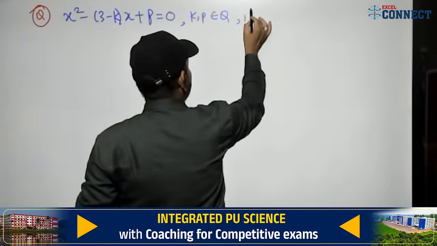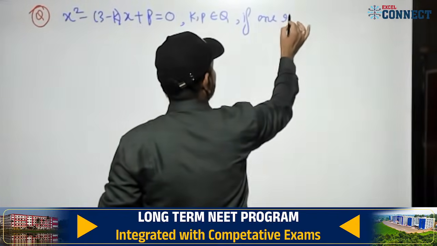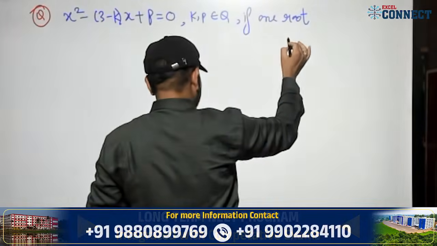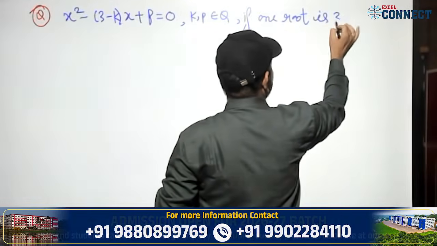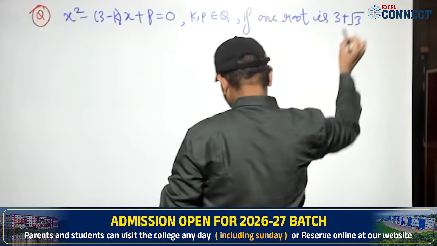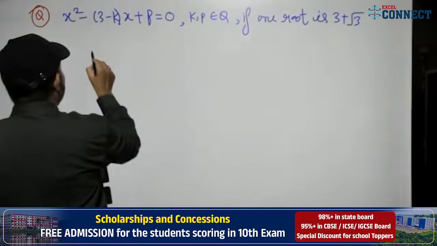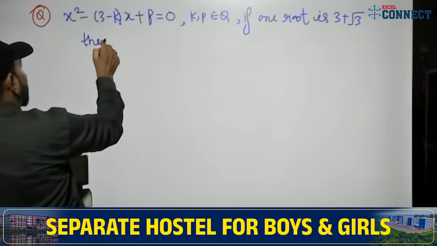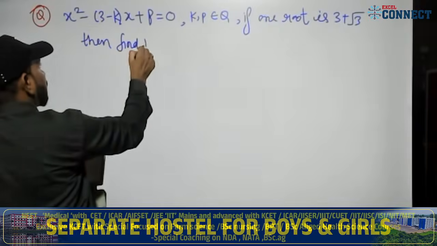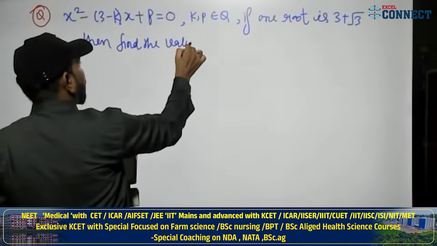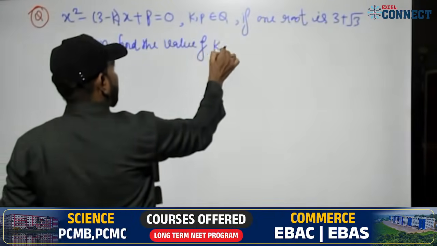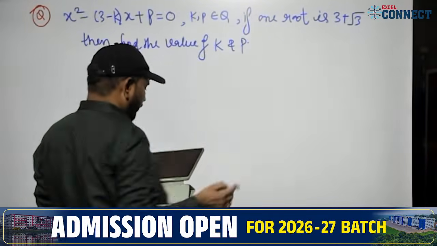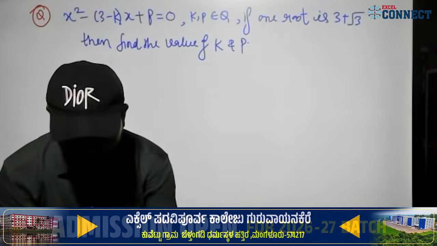If one root is 3 plus root 3, then find the value of k and p. You have 1 minute, just solve this question.